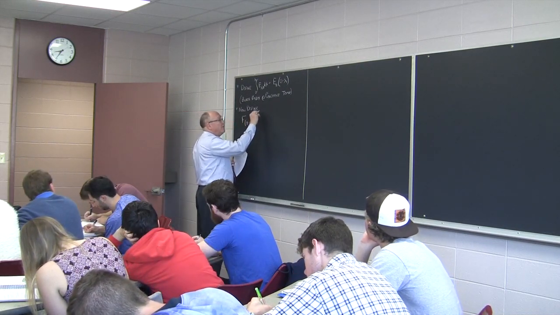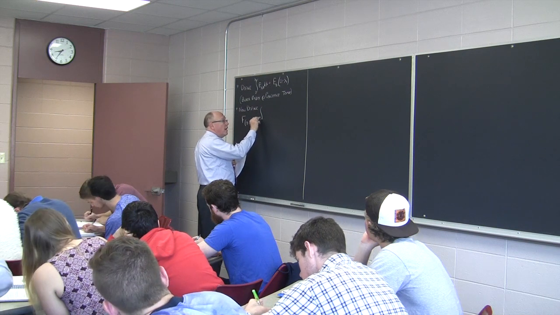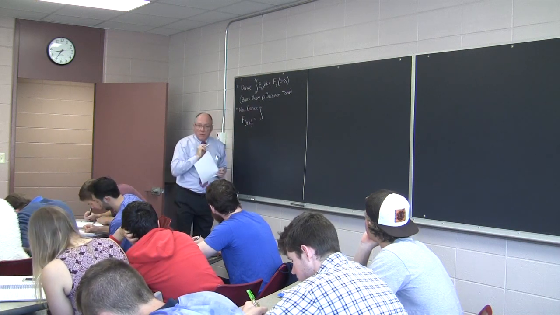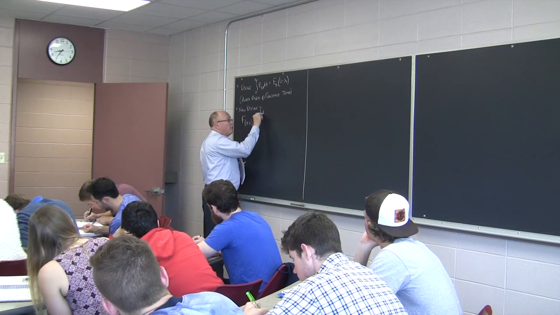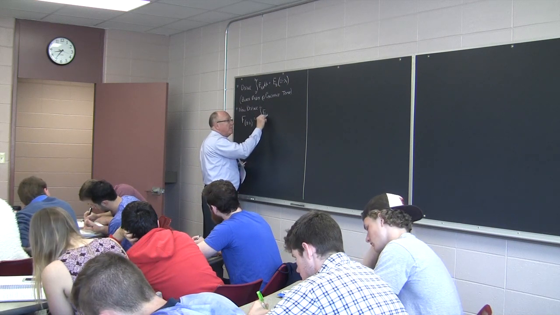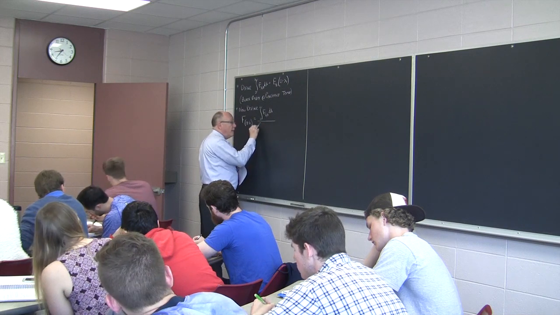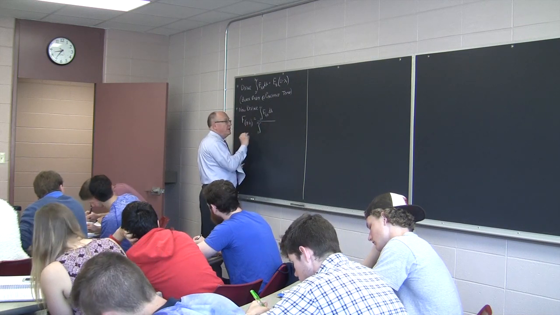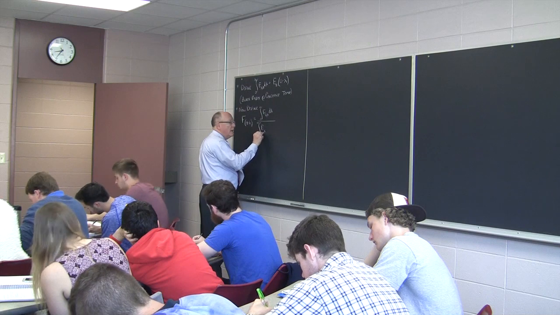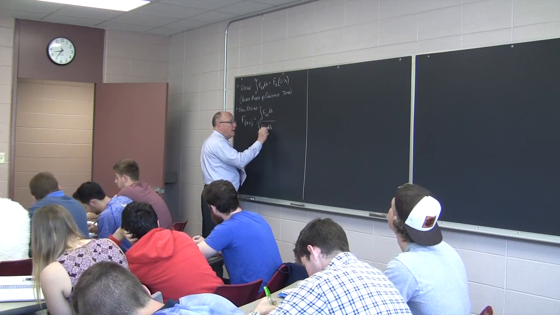We're going to define this as the ratio of the integral between 0 and lambda 1 of E lambda b d lambda over the integral from 0 to infinity of E lambda b d lambda.